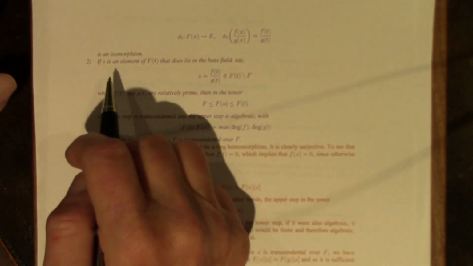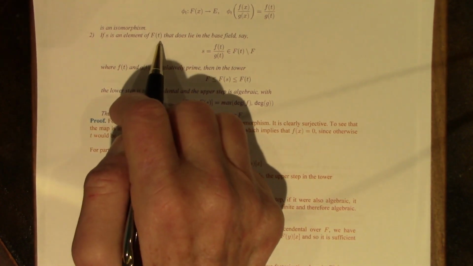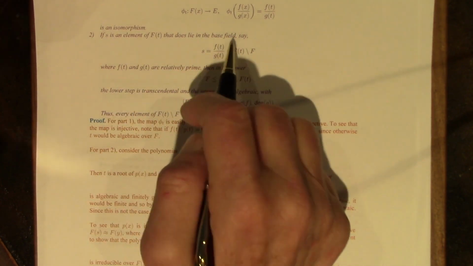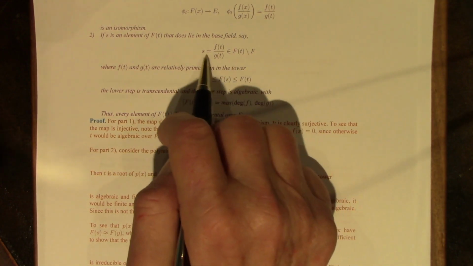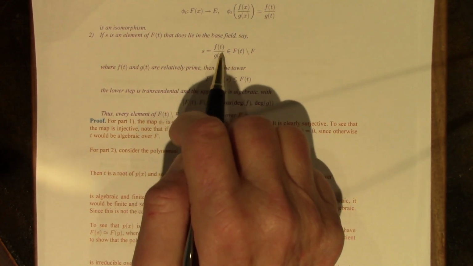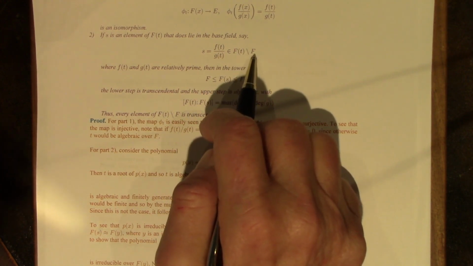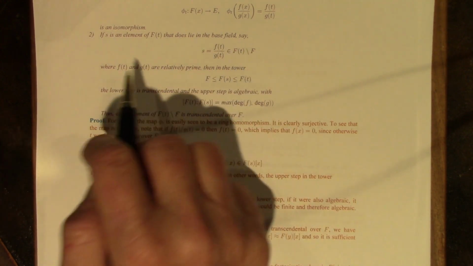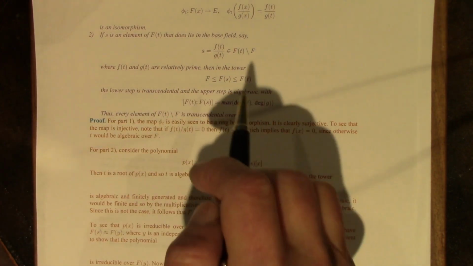Also, if little s is an element of f with t adjoined that doesn't lie in the base field f, so say s is f of t over g of t, it belongs to f with t adjoined but not the base field, we can assume that f and g are relatively prime by canceling any common factors.